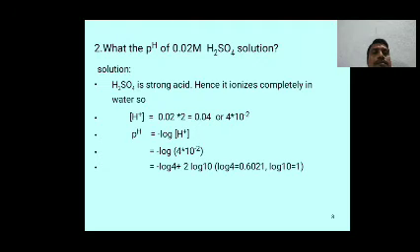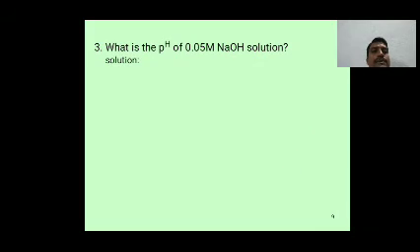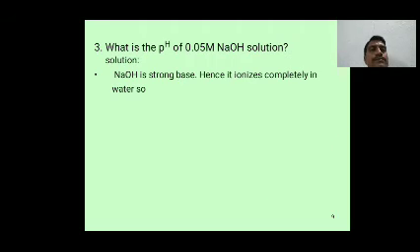Log m to the power of n is equal to n log m, so 2 × log 10. The log 4 value is 0.6021, log 10 is equal to 1, therefore 0.6021 plus 2, that is equal to 1.3979.